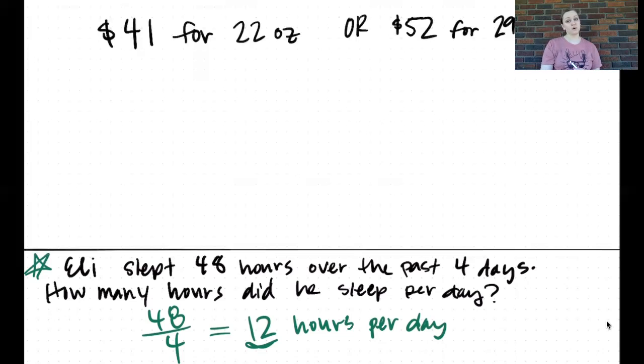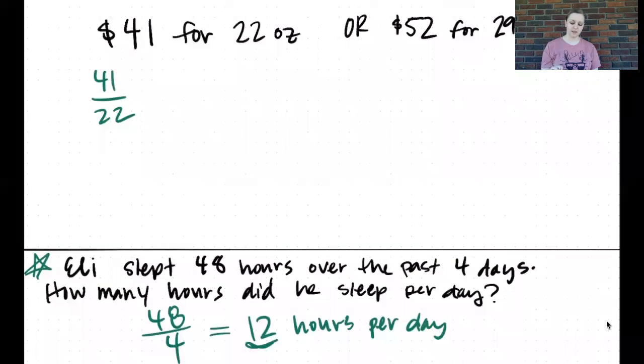Now, I'm going to tell you what my husband and I did. We said, if I want to know which one's the better buy, which one saves us more money, then I want the one that's going to be cheaper per ounce. It's easy for me to compare them when I'm looking at how much I am paying for 1 ounce. So I'm going to do my $41 divided by the 22 ounces.